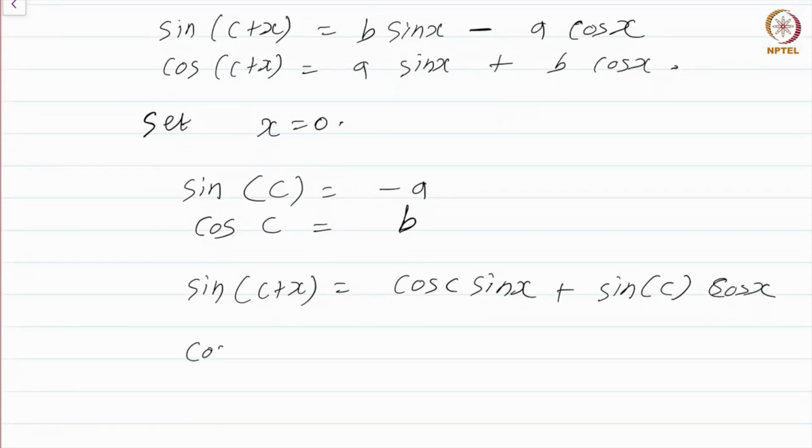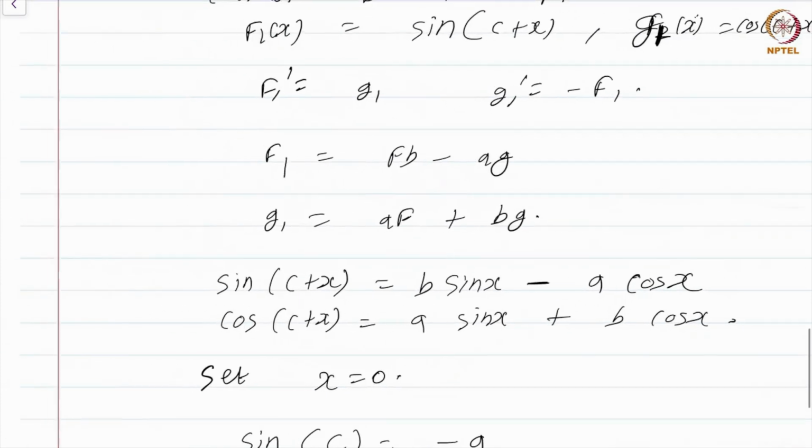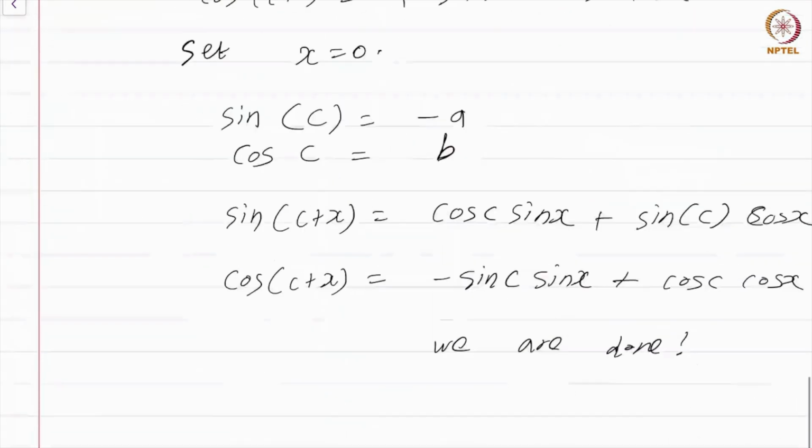And similarly, cos of c plus x is equal to minus sin c sin x plus cos c cos x. And we are done. In fact, I said I'll prove 4, but we got both 4 and 5, right? We got both for free.